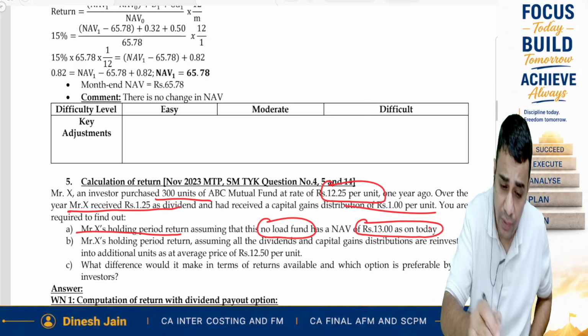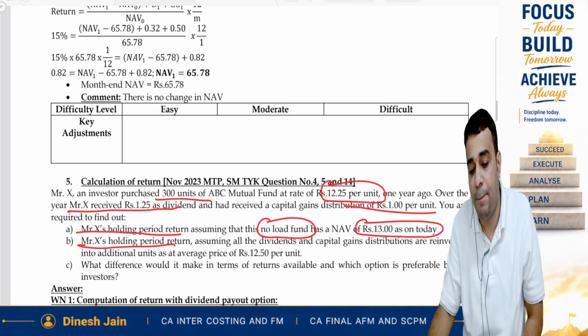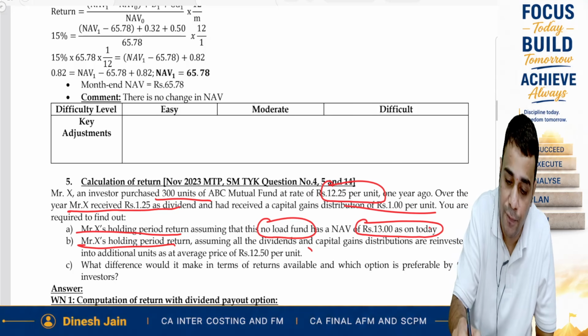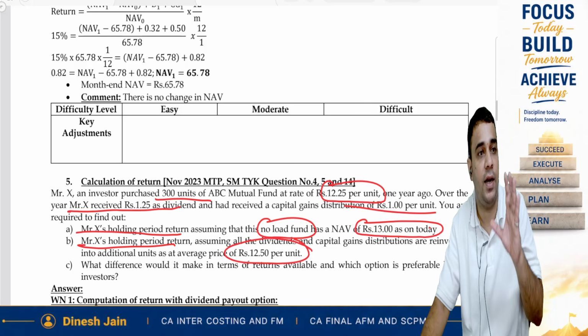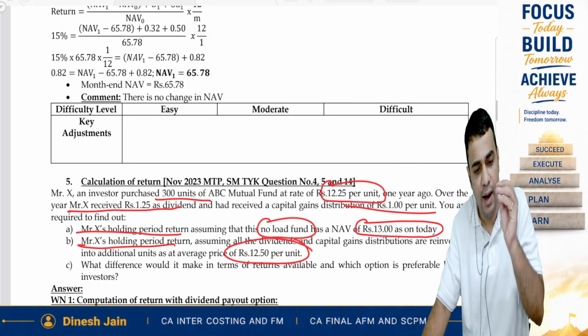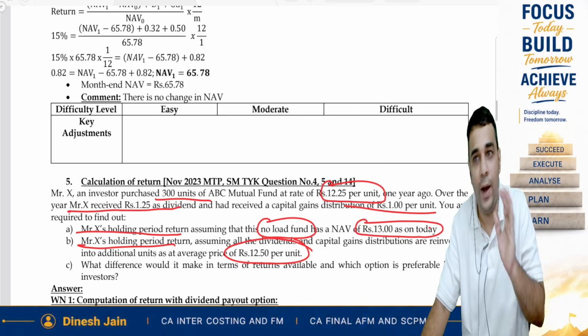Holding period return, assuming all the dividend and capital gain distribution are reinvested into additional units at an average price of 12.5 per unit. You have reinvested at 12.5, and earlier some numbers were given. I am going to solve this question, but I'm going to change the numbers. Why am I changing the numbers?